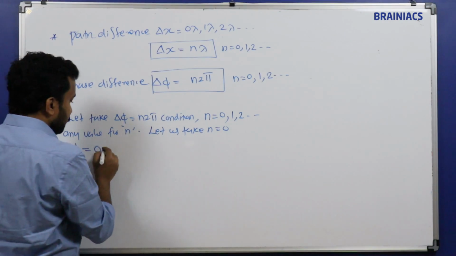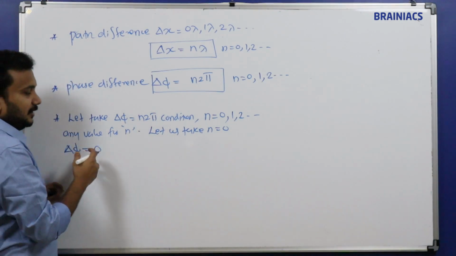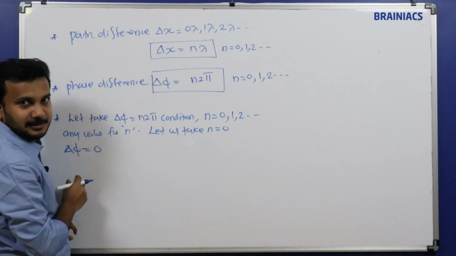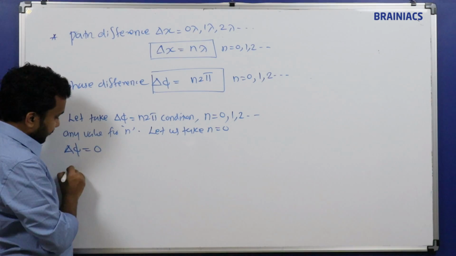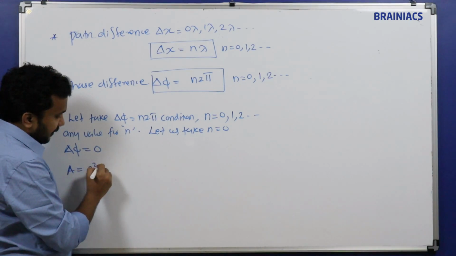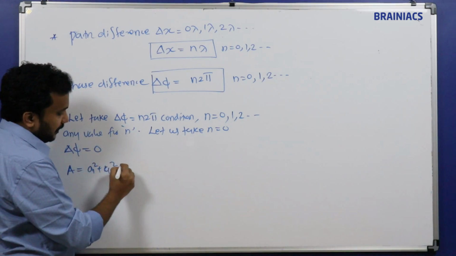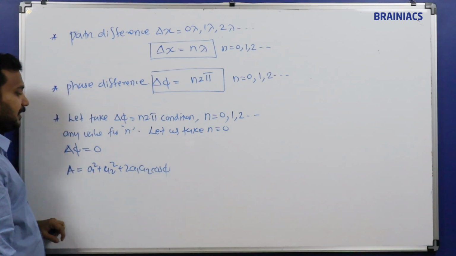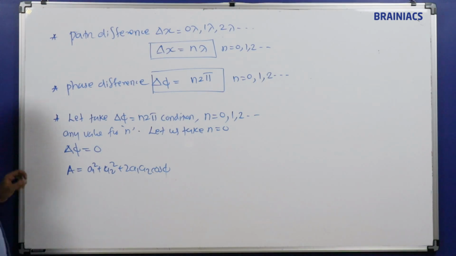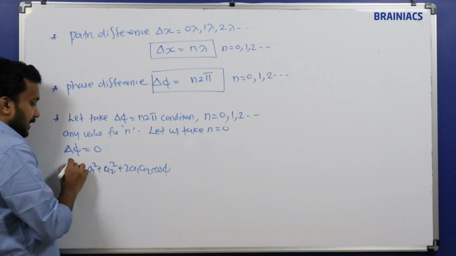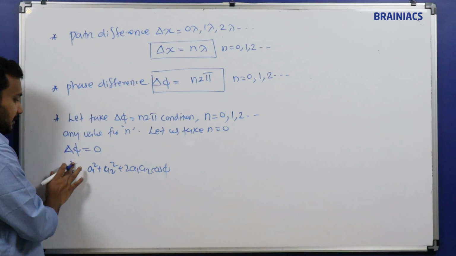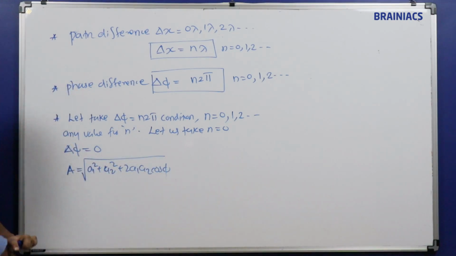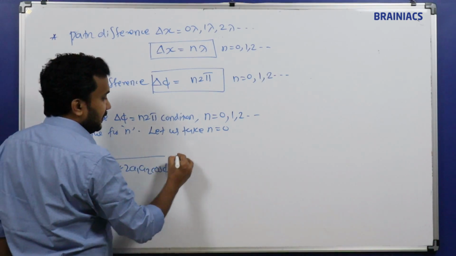Delta phi, the phase difference, represents the difference between the two waves. This delta phi is in the equation A equals the root of a1 square plus a2 square plus 2 a1 a2 cos phi. This is already written, right?